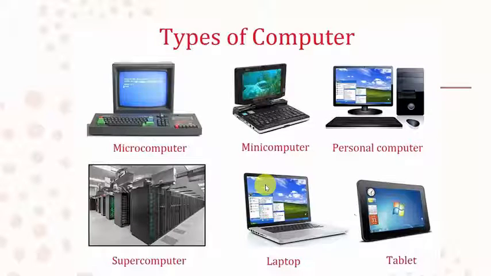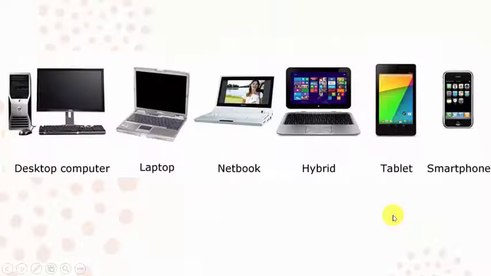So we said we're going to put labels to diagrams or figures. You have the microcomputer, minicomputer, personal computer as a desktop, the supercomputer we mentioned earlier, the laptop, I'm sure this is what you're using now, and the tablet. You have your iPad, iPod, these are those categories. So to end, let's look at the ones we'll be commonly using.